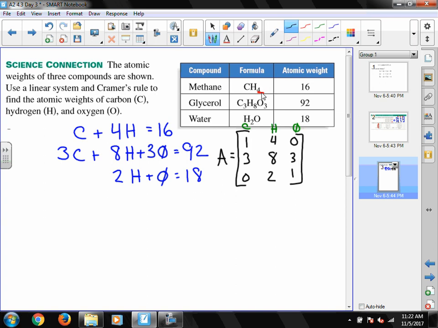And as always, we need to find the determinant of this, so we're going to copy down the first 2 columns. So 1, 3, and 0, 4, 8, and 2. And to find that determinant, what everybody's looking for, determinant of A.